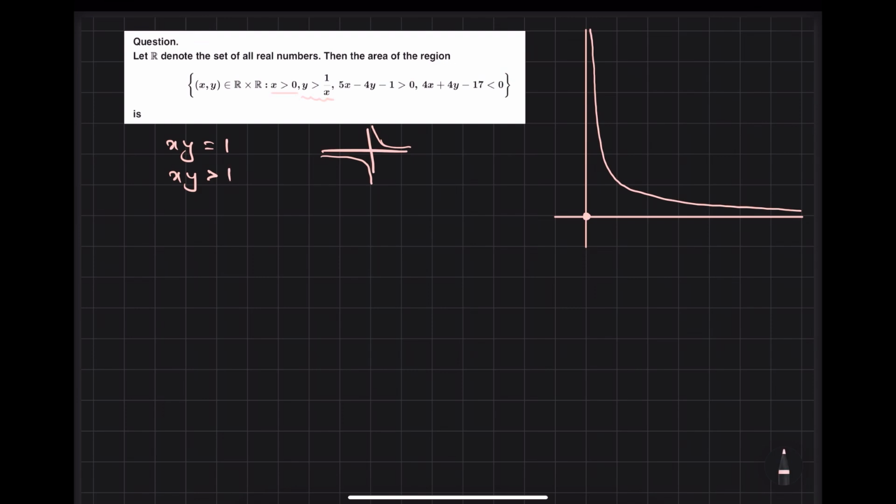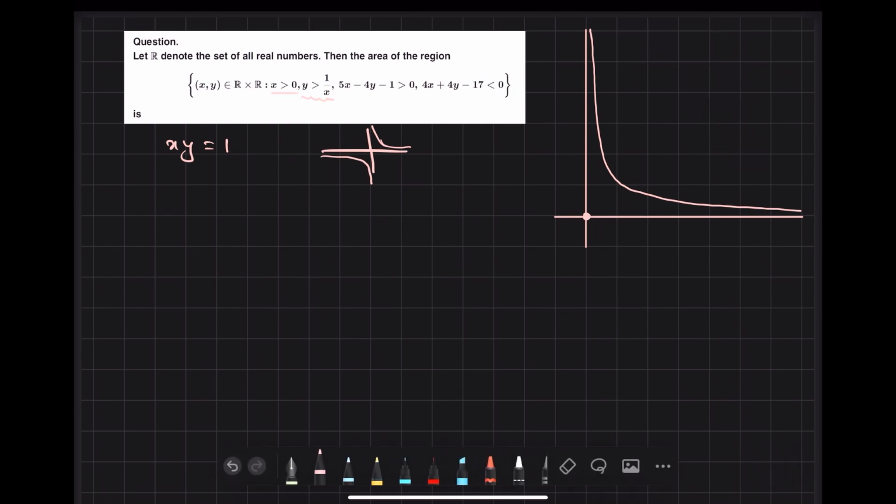If you substitute 0, 0, do you think it holds true? No, it doesn't hold true. This means our region is on this side. I hope the first part is clear.